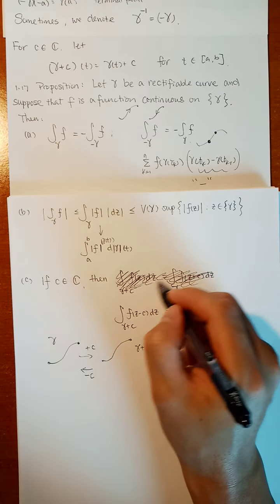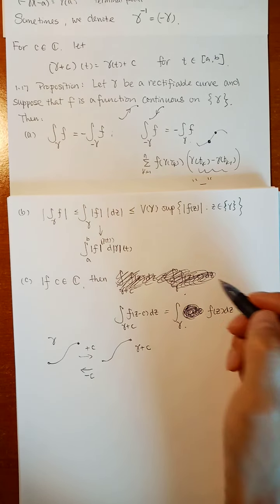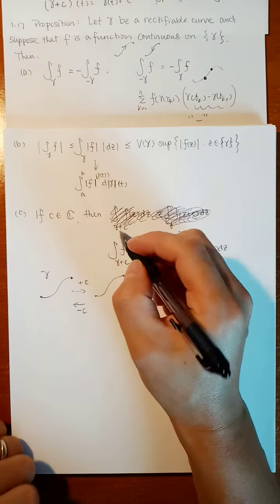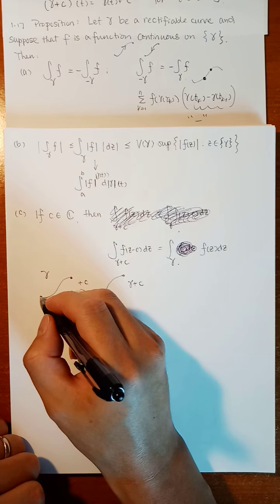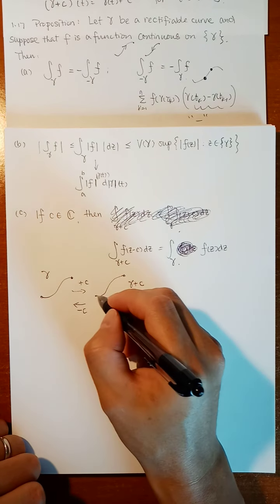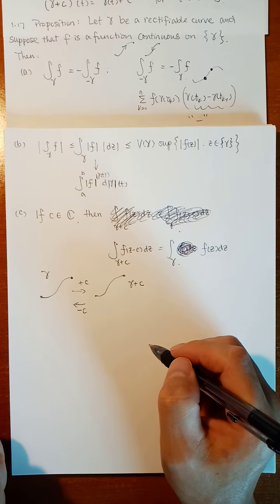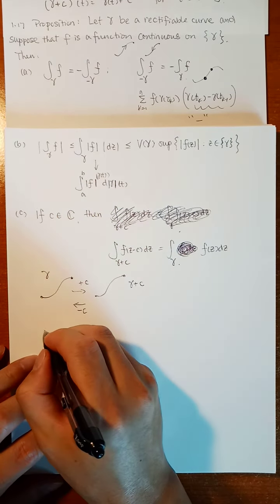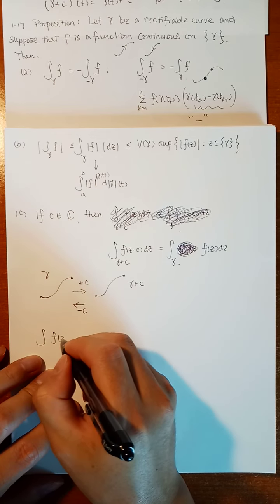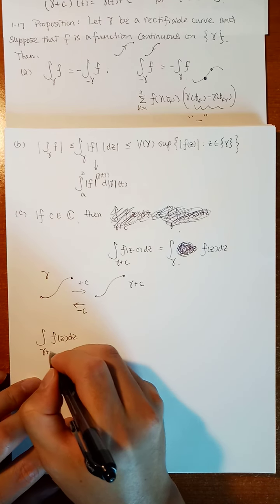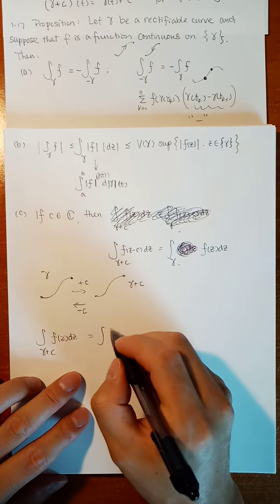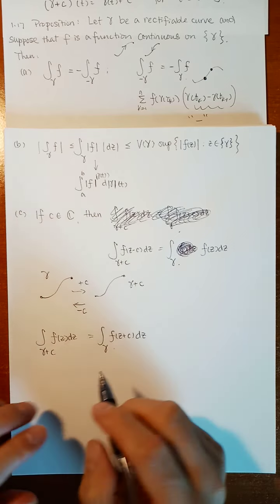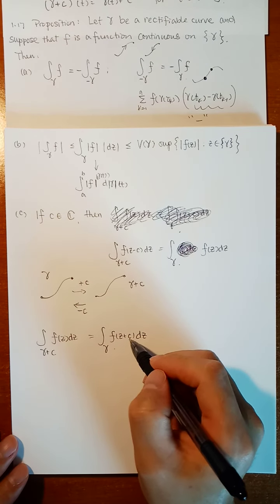The original, my understanding, is not necessary. Well, what I try to understand is the following. If f is both defined over gamma and gamma plus c, like this, what I'm trying to explain or modify is this.